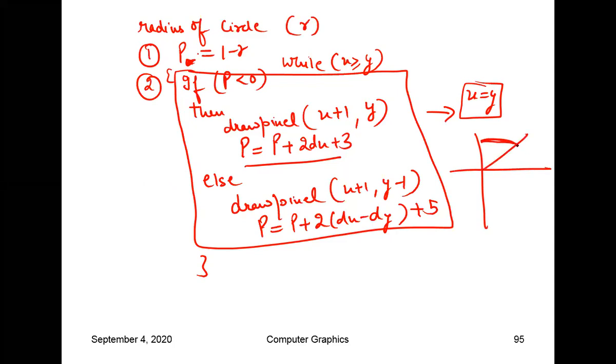Now the next step is to reflect this arc in every other octant. After reflecting this arc in every other octant, we get the final circle. Till now it is clear to all of you?